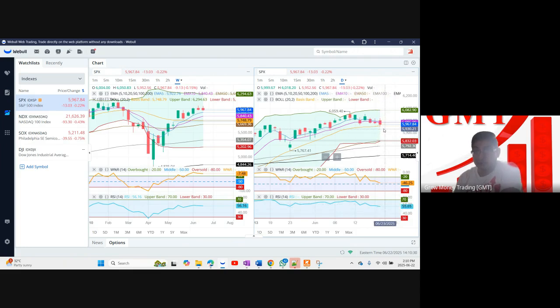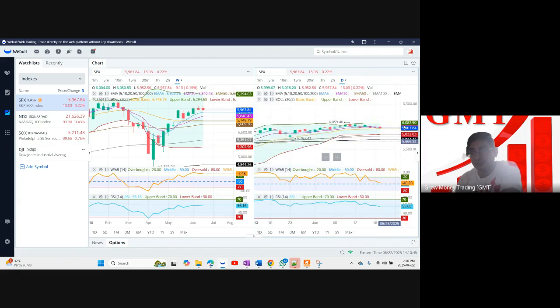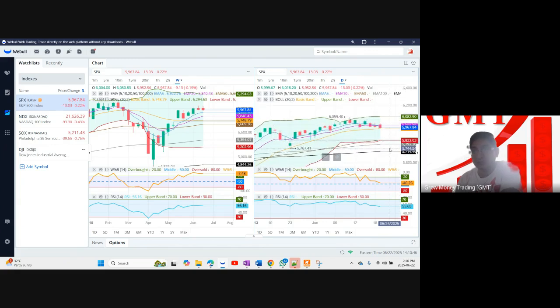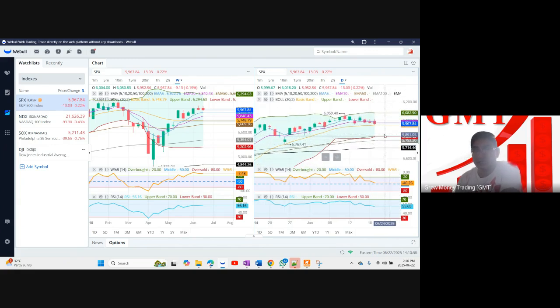If this mid Bollinger Band support breaks, which is highly likely, we can easily expect a free fall to the lower Bollinger Band, and there is a small gap up here, which could be the next level to watch for. Currently, SPX is at 5,967, and the lower Bollinger Band is at 5,832, which is over 132 points.